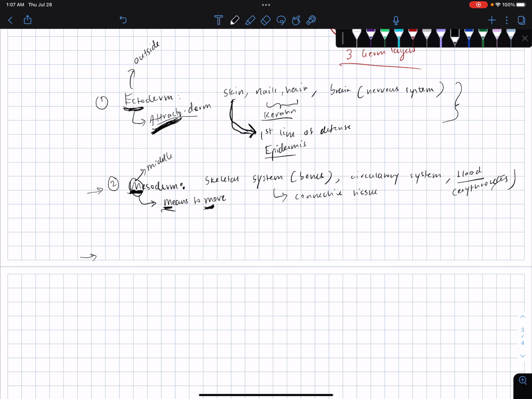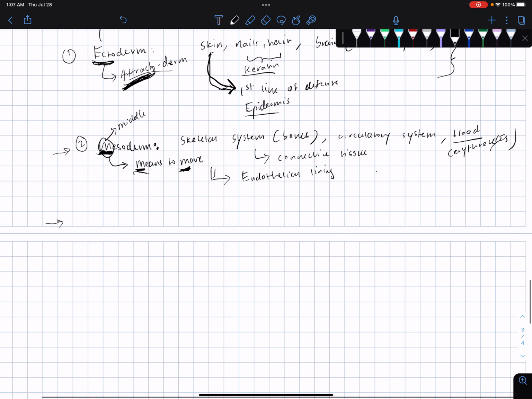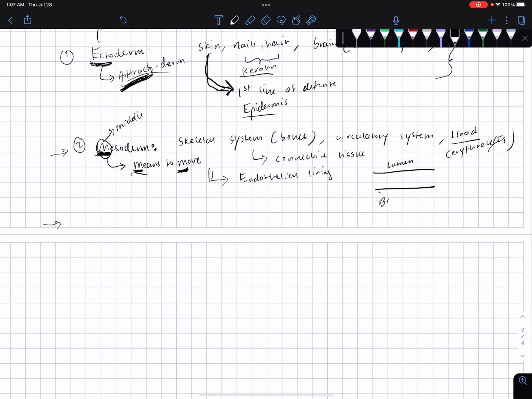When we're talking about the mesoderm, we are thinking about endothelial lining. So endothelial lining that will line our blood vessels, things of that sort. So basically, say this is the lumen, and this is the blood.